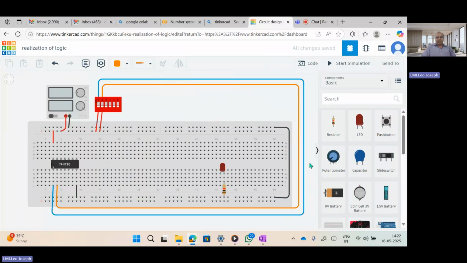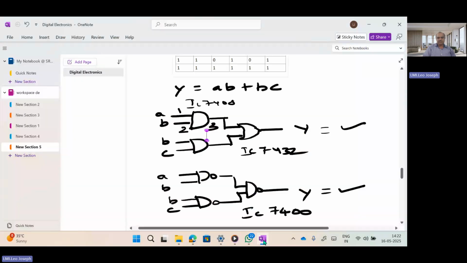As I discussed here, IC7408 is over. One is the A terminal, another one is the B terminal, and the third portion is nothing but the C pin. That is the C input, which should be given to another end of the supply. So how to connect this? Connection is very, very important.